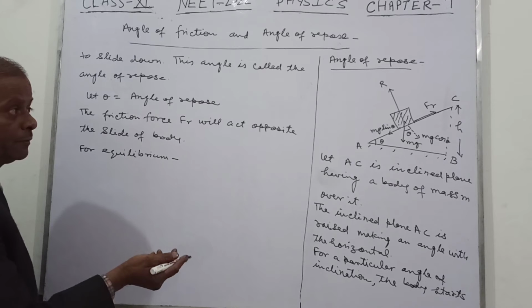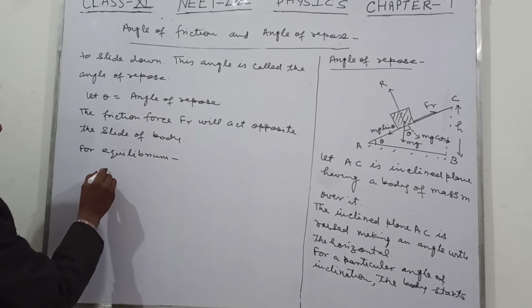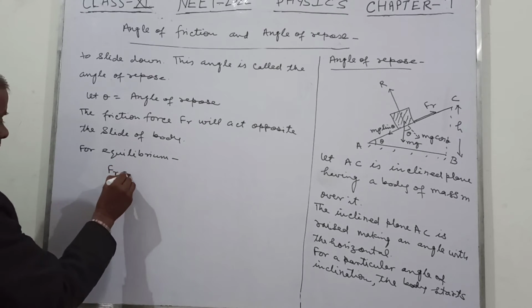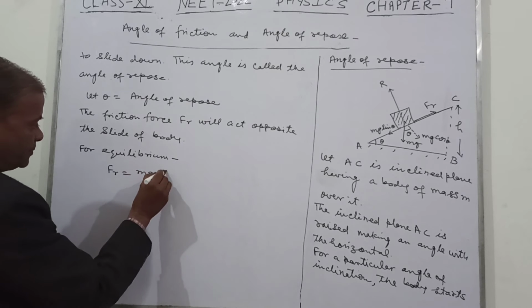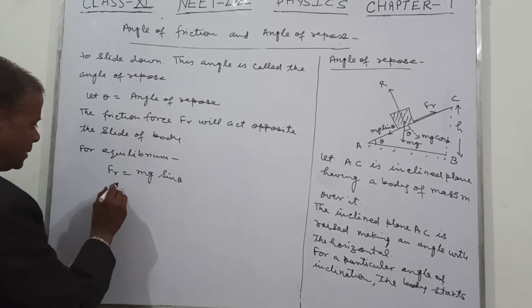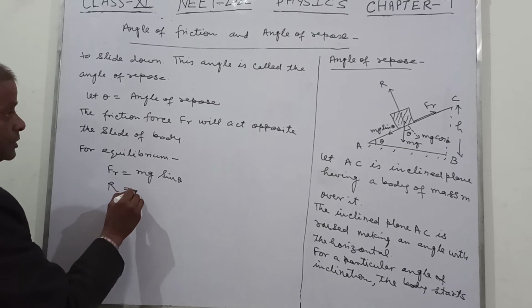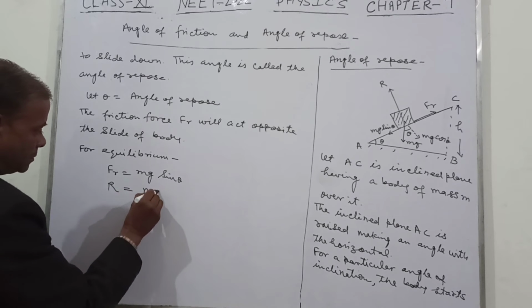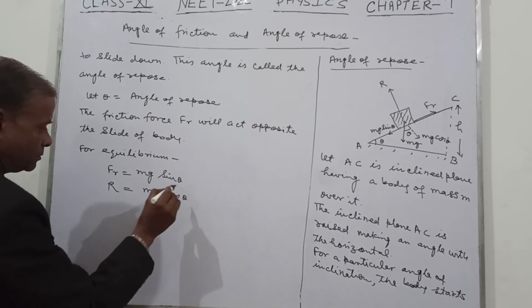For equilibrium, Fr is equal to mg sin theta and R is equal to mg cos theta.